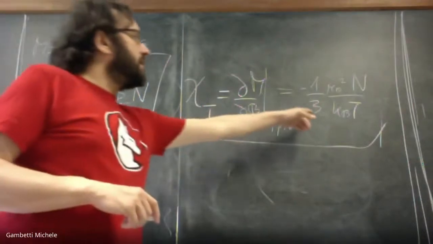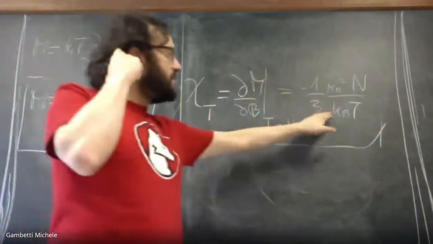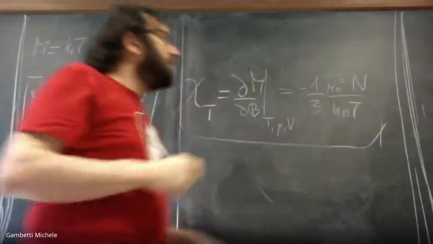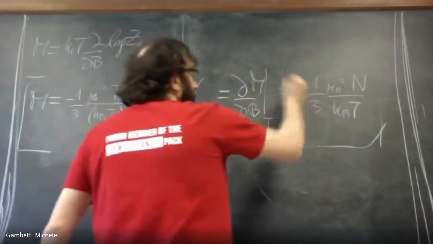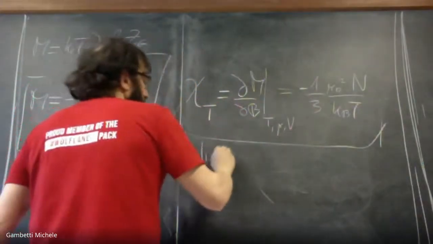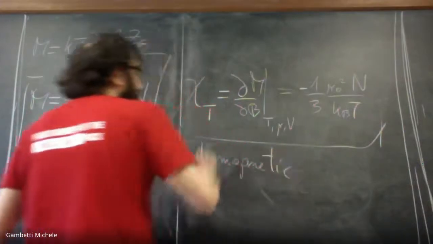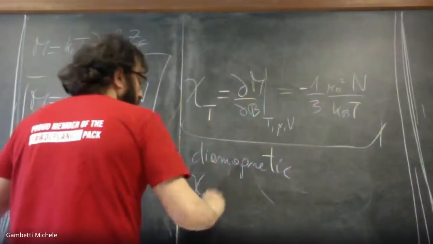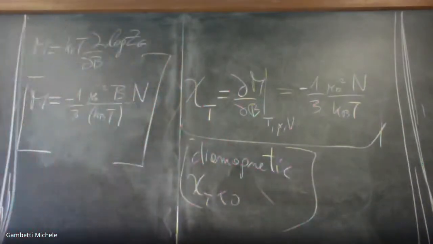The same is clear from this: this is a constant and it is independent of the magnetic field, at least at this order. So the fact that you have a minus here means diamagnetic. When the susceptibility is smaller than 0, we say that the material is diamagnetic.